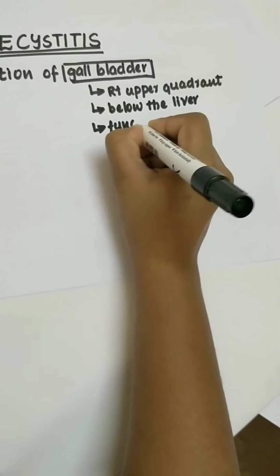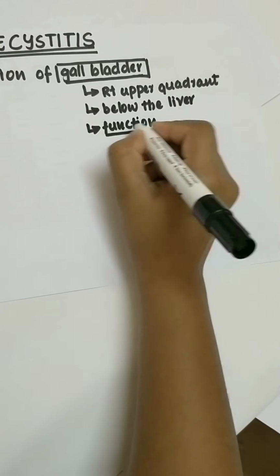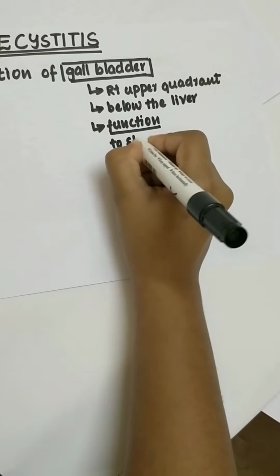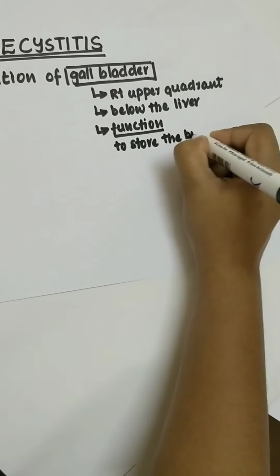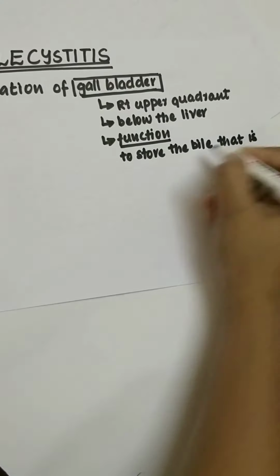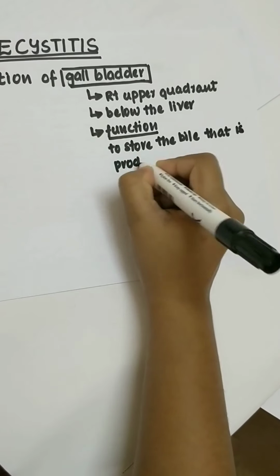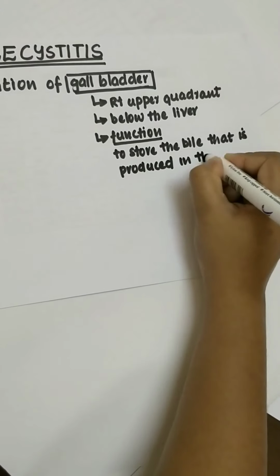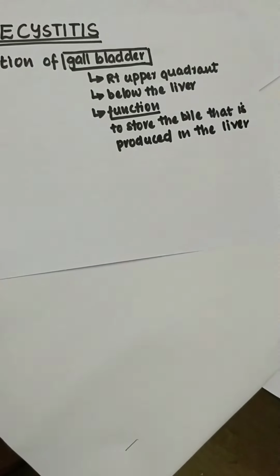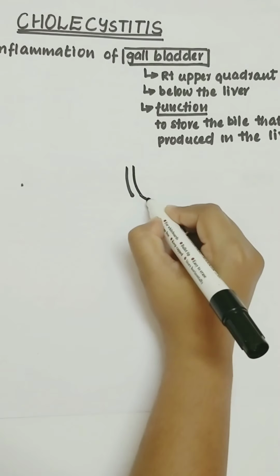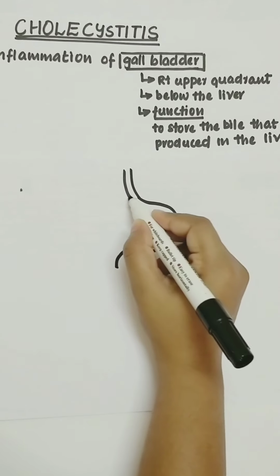And the main function of the gallbladder is to store the bile that is produced in the liver. This is the main function of the gallbladder, storage.